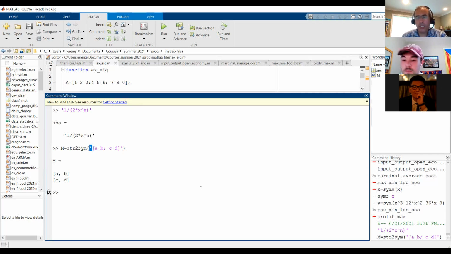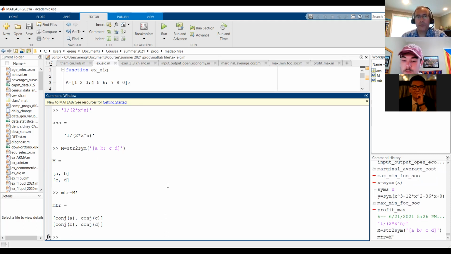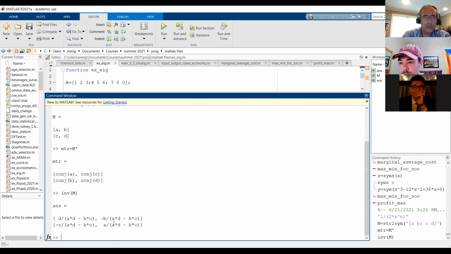And then from here, guys, I can do whatever mathematical operation you want. So for example, we can do M transpose. We can do the inverse of M. You see that?